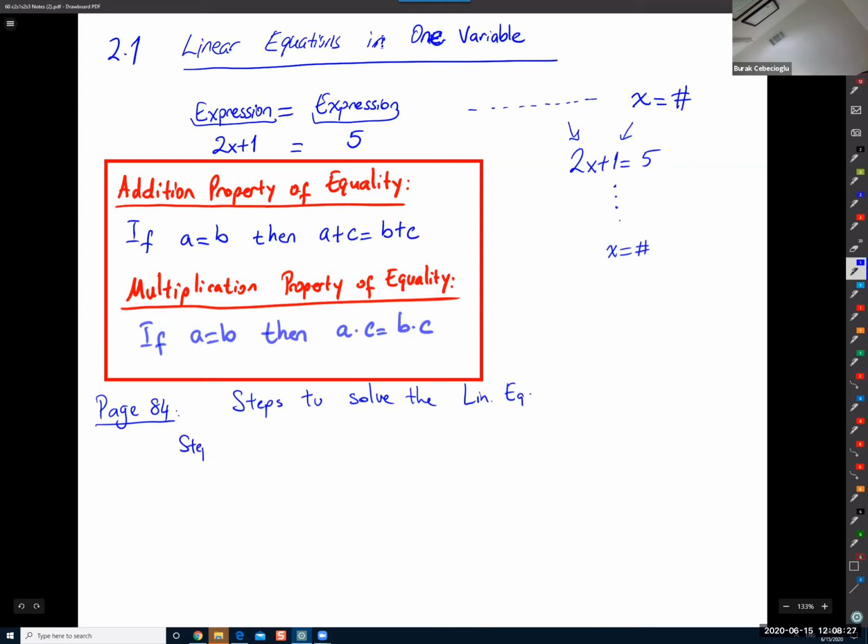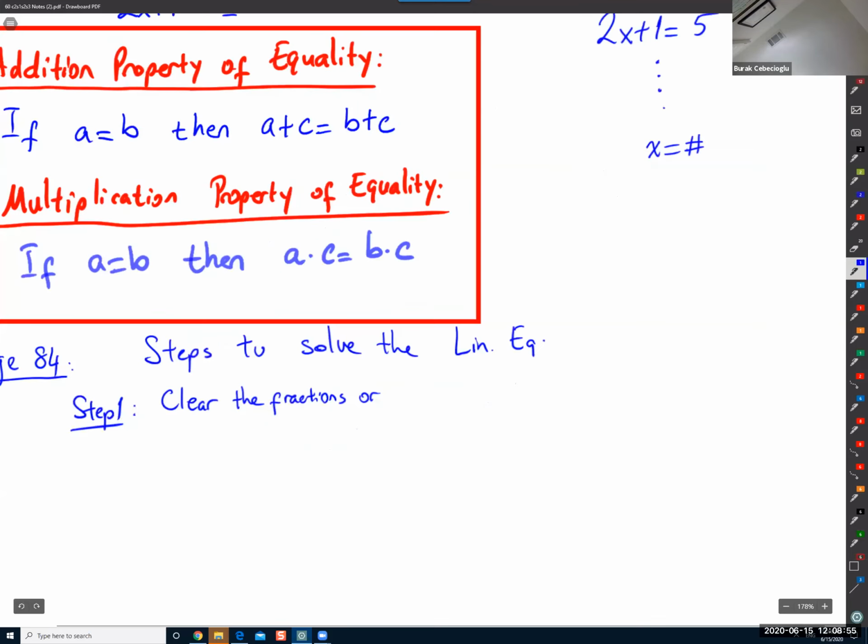Step 1, just for this section, is kind of a guideline. You just have to apply those steps, and I'm going to summarize it and express it in my own terms. Clear the fractions or decimals if you have any. By the way, feel free to interrupt me anytime if you have any questions.